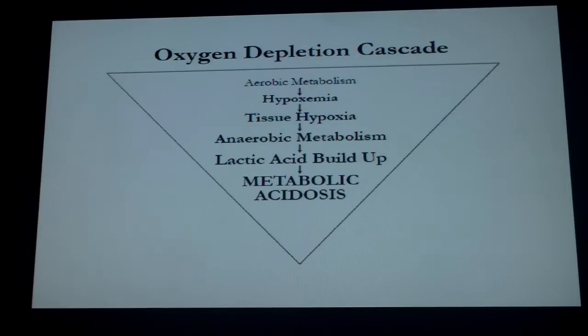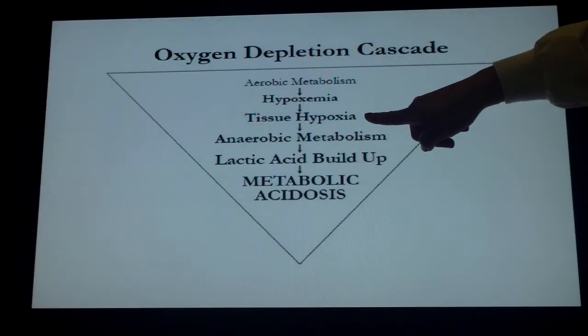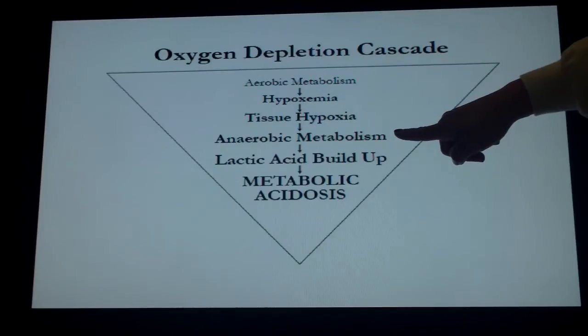But as hypoxemia happens, meaning low oxygen in the blood, that results in some tissue hypoxemia. So then the Krebs cycle and all of those things start, going back to what we had learned about all of those. Then anaerobic, without oxygen, metabolism happens.